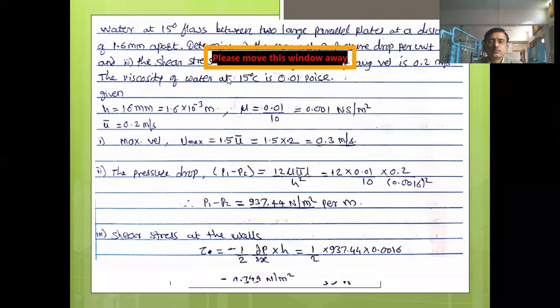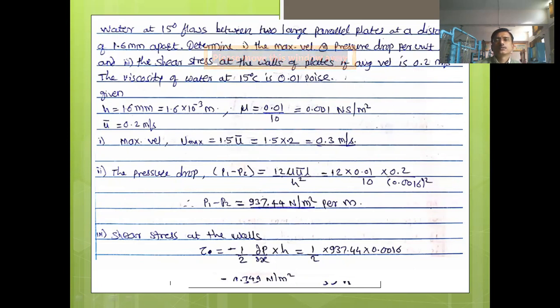Determine first the maximum velocity, second the pressure drop per unit length, and third the shear stress at the walls of the plates.